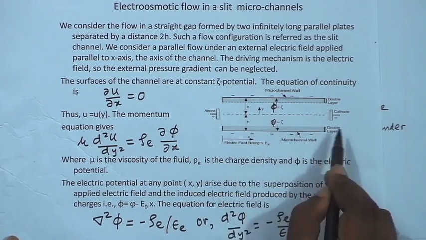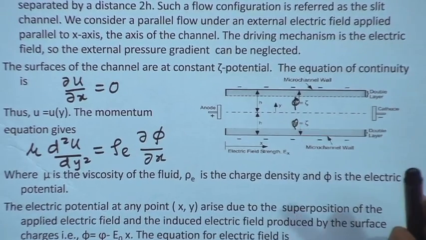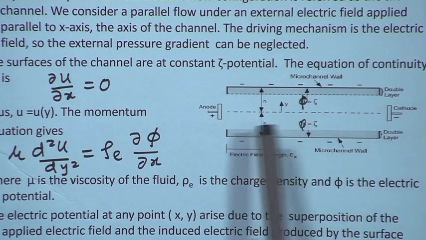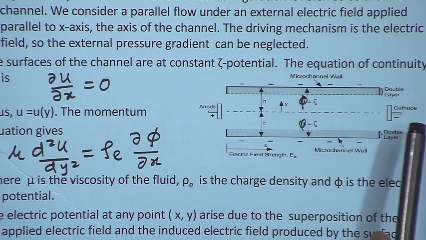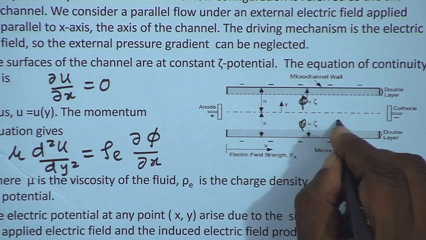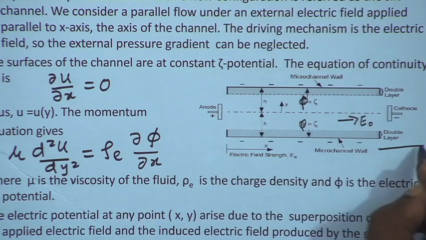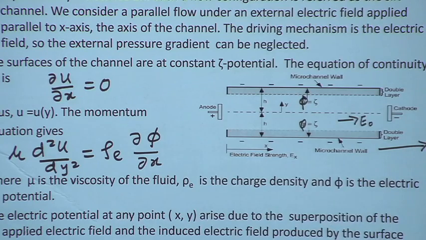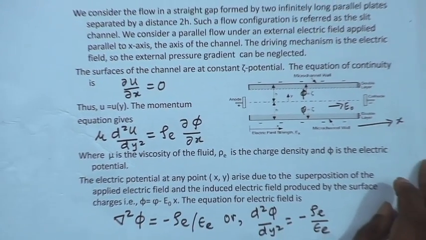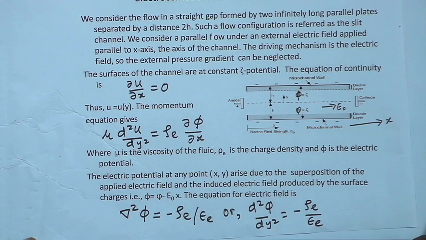This is also called the slit microchannel. Now, we consider the liquid flow within that. We have assumed a parallel flow, that means flow is only along the x direction, along which the electric field E0 is applied, and perpendicular to that we refer to the y axis.